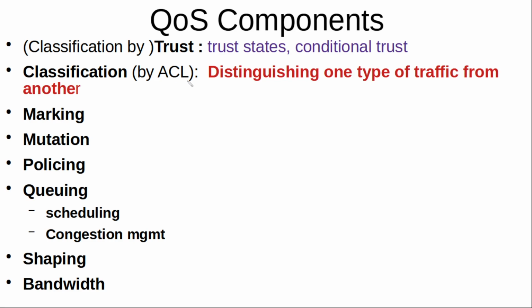Classification by ACL means distinguishing one type of traffic from another. Historically, the only way that we had back in the day with old switches in order to perform classification was using an ACL. But nowadays, with modern switches, we have other means to do classification.